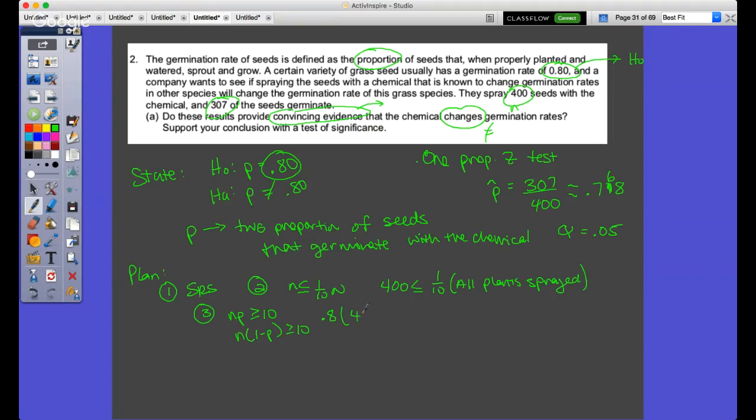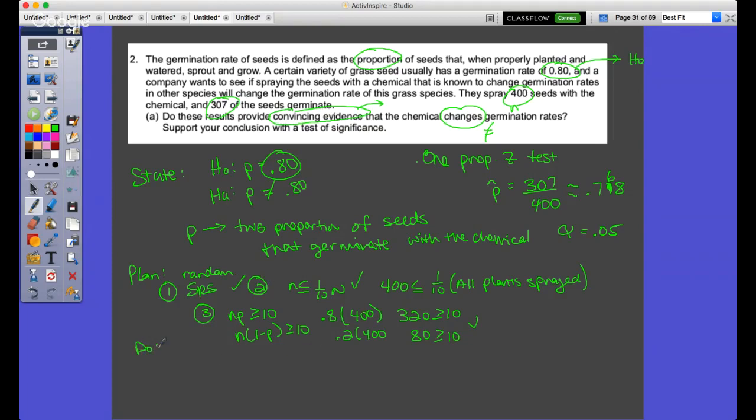So we do 0.8 times 400, and 0.2 times 400. This would be 320 is greater than or equal to 10, and 80 is greater than or equal to 10. So we're good there. All our conditions 1, 2, and 3 are met. I might write random sample out, but you get the idea.